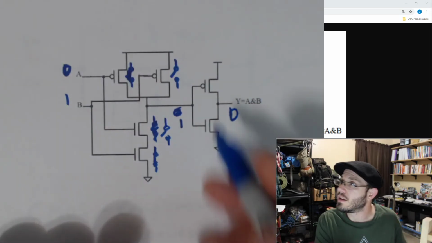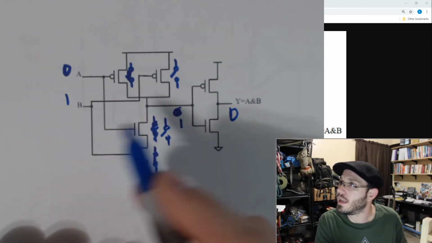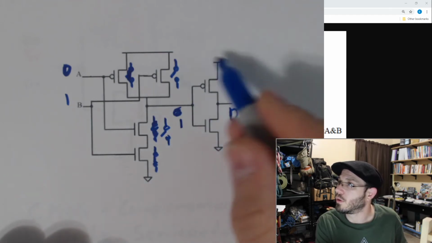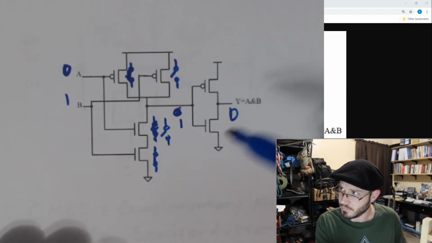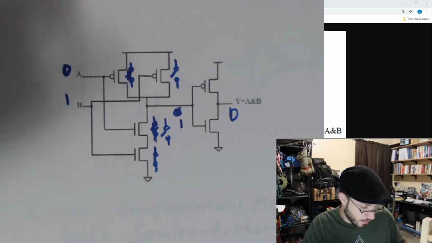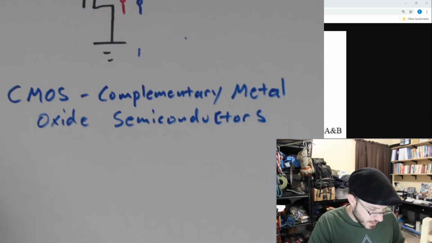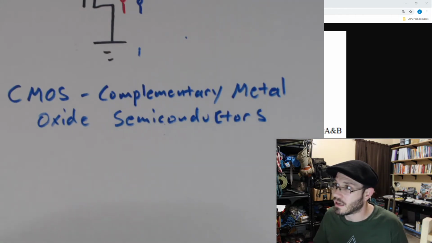So over here you can see we have a pull-up network here, a pull-down network over here, followed by another pull-up network and a pull-down network over here. A complementary pull-up for every pull-down, constructed using the technology of MOSFETs or metal oxide semiconductors.